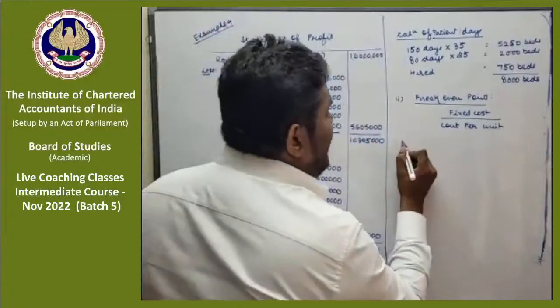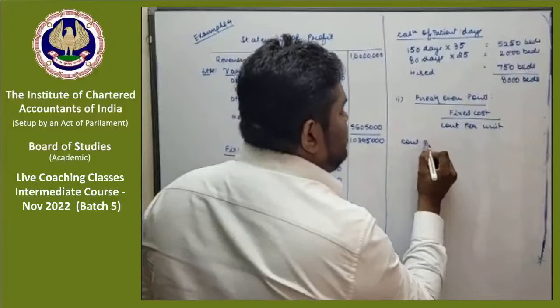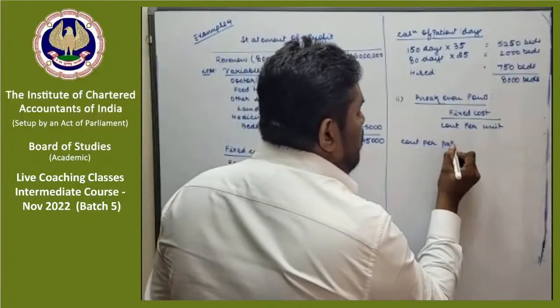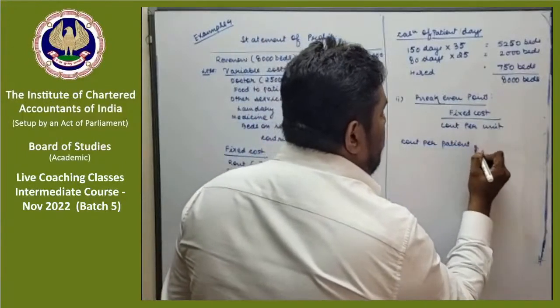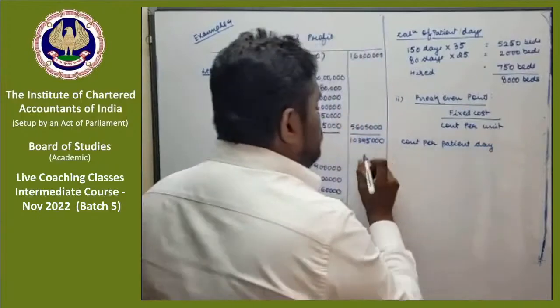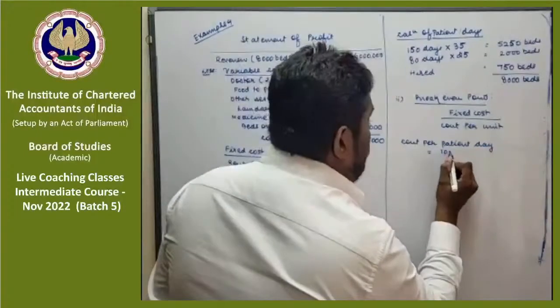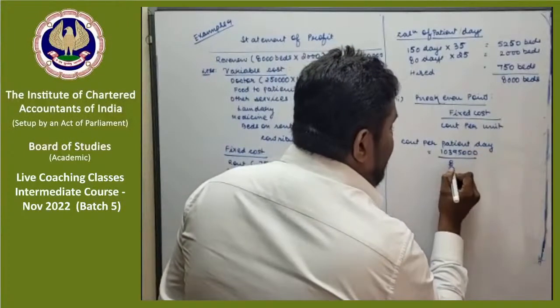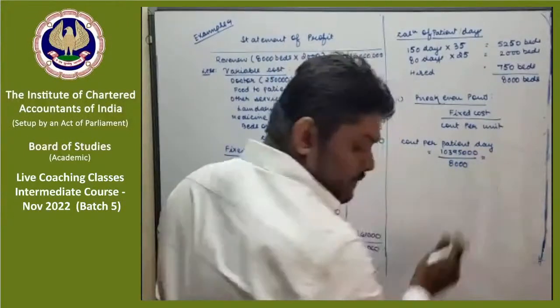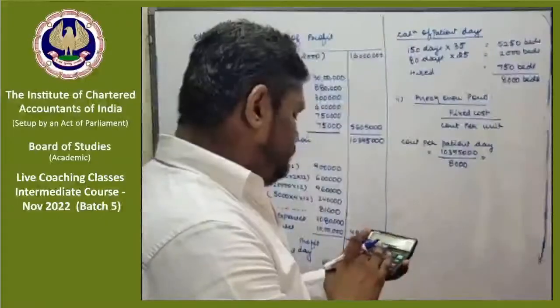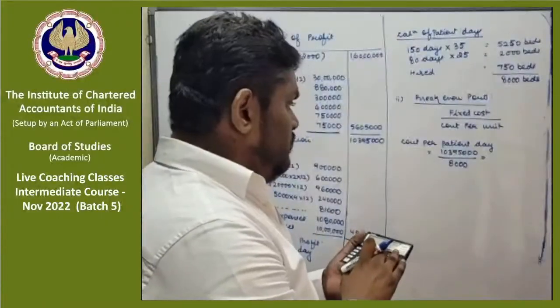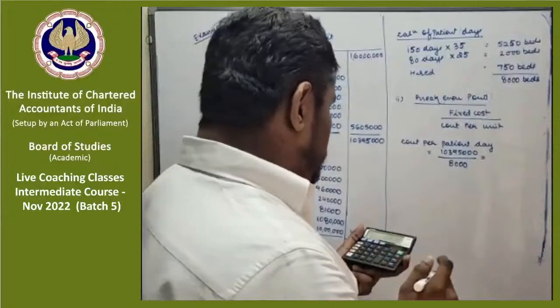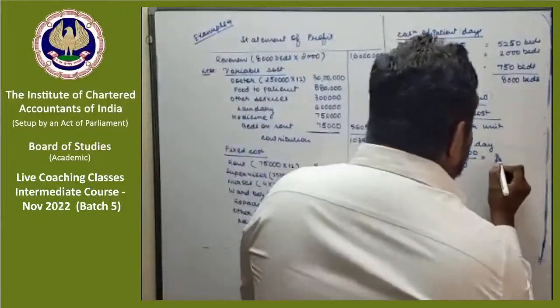So let's first calculate the contribution per patient day. So the total contribution is 1 crore 3 lakh 95,000 divided by 8,000. So it is 1299.375.